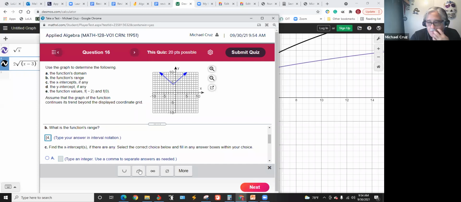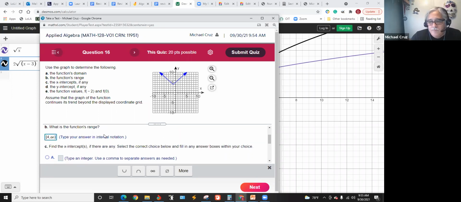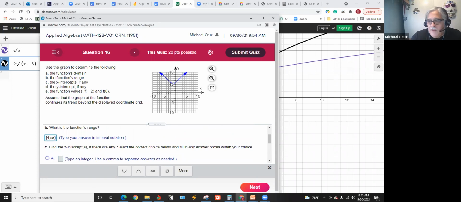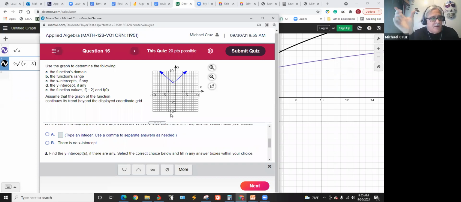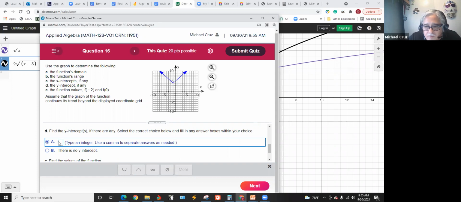And then it just keeps on going up to infinity. Find the x-intercept. There's no x-intercepts because it's going the wrong way. And then the y-intercept, there's just one, and it's at 5. 0, comma, 5.